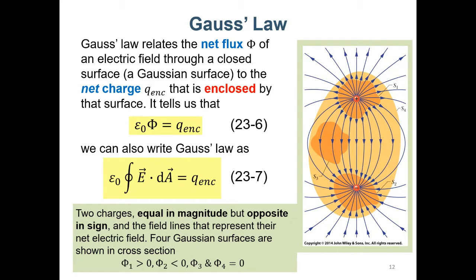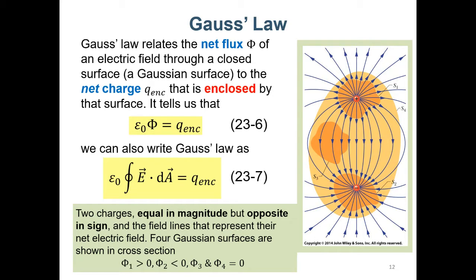But if you really need to calculate something, it would be better to use a symmetric shape, like spherical, cylindrical, or a cube. But here it's just a demonstration. Suppose S1 has a very strange shape, but it encloses this positive charge.